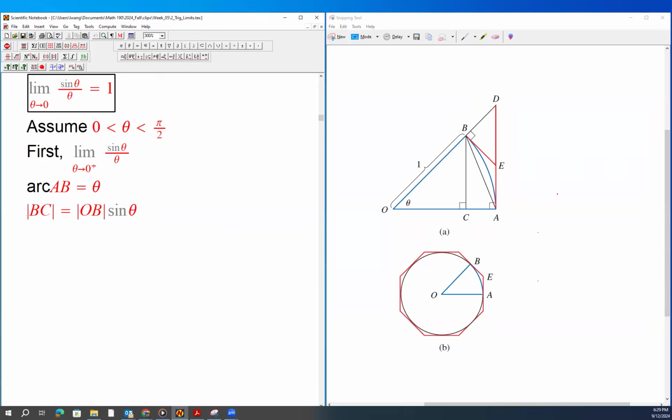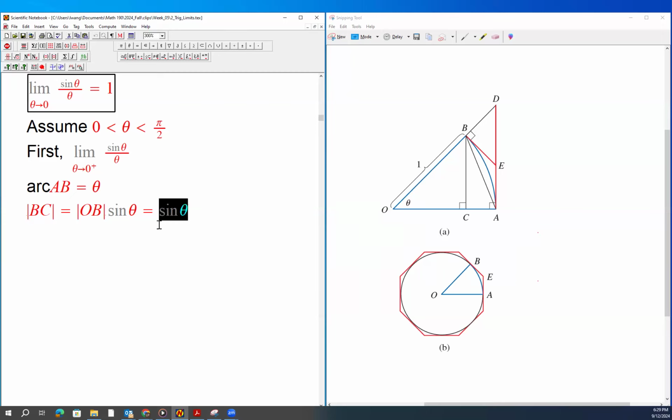Sine theta is the opposite side of this angle, which is BC. Since OB is 1, it's a unit circle, therefore that is equal to sine theta. So BC is equal to sine theta.